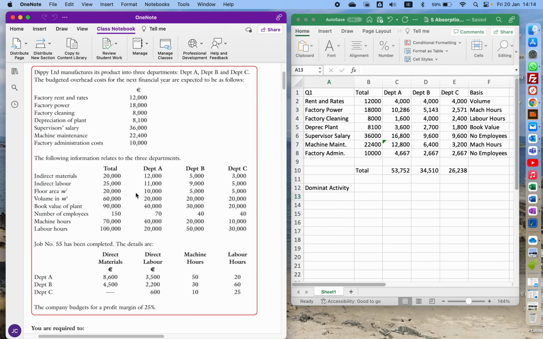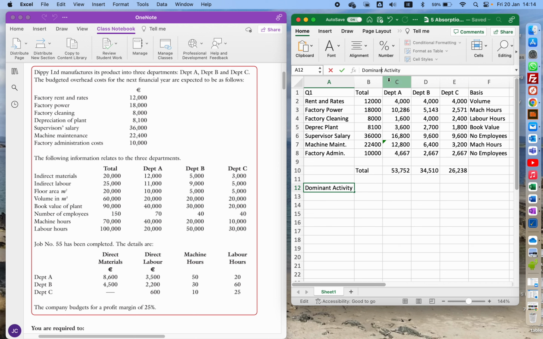I can see for Department A we have 40,000 machine hours and we have 20,000 labour hours. So what's the dominant activity? So machine hours. So I'm going to, for that department, I'm going to say machine. What's the dominant activity for Department B? Labour. And the last one's labour.